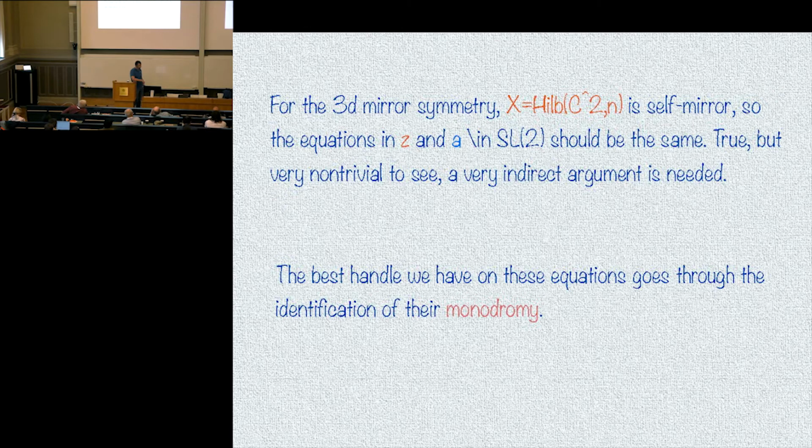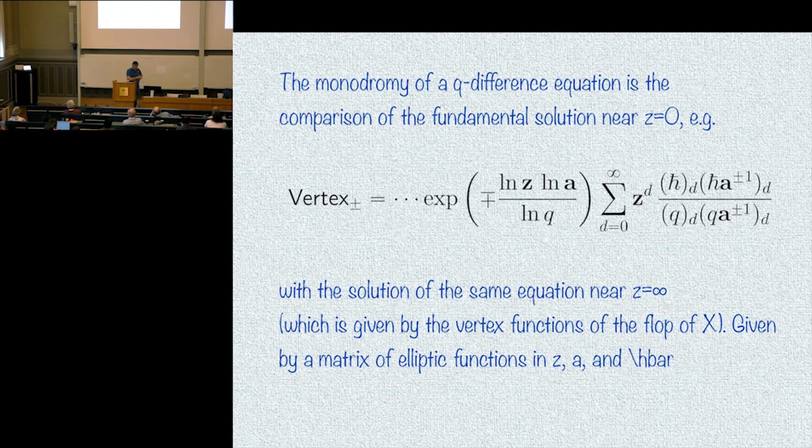And the best way to think about proving that the equations are the same is to first prove their monodromy is the same. That's the key step. And what is the monodromy of a q-difference equation? Monodromy of a q-difference equation is something much simpler than the monodromy of a usual differential equation.